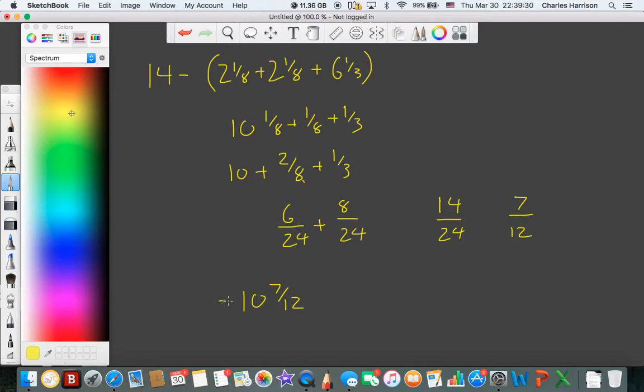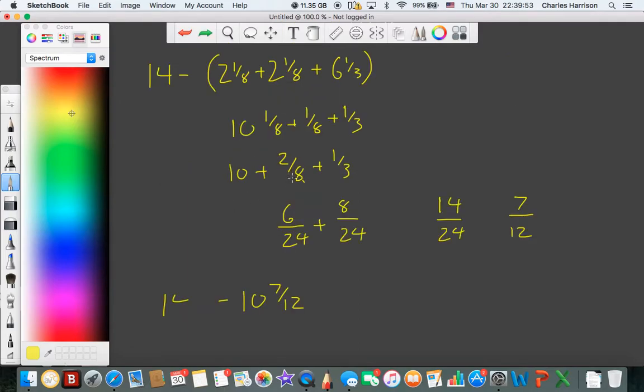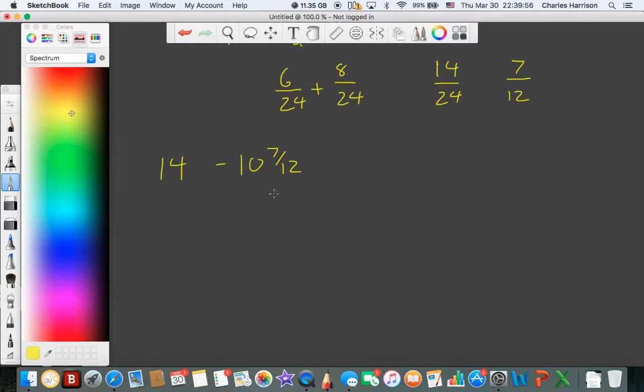And I'm minusing that. Remember, we started here, and now we're down here, and we're minusing all of this from that 14, right? So let's see here. By the way, you could rewrite this as 14 minus 10 minus 7/12.